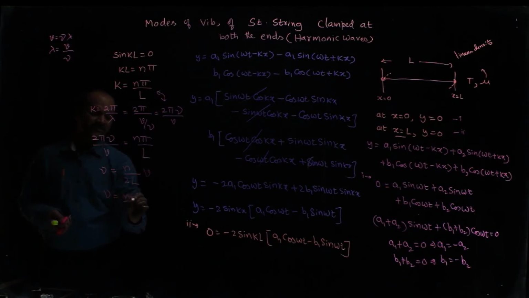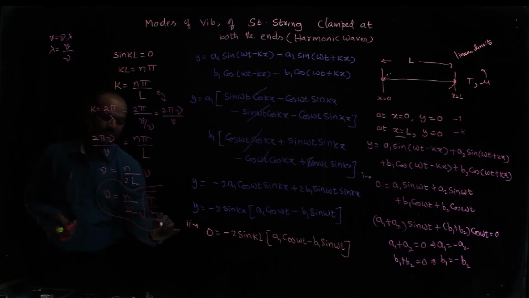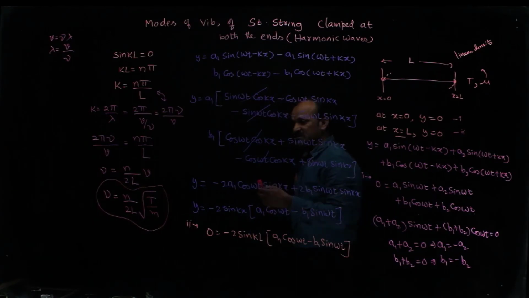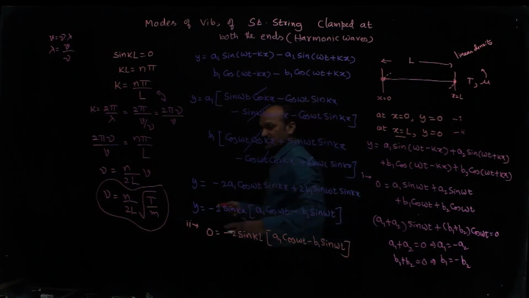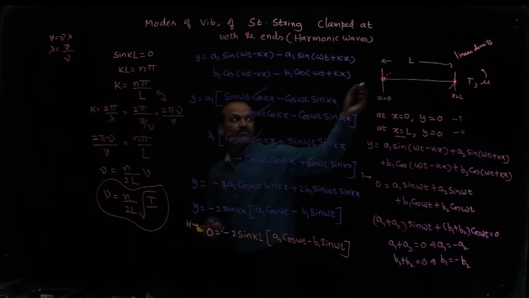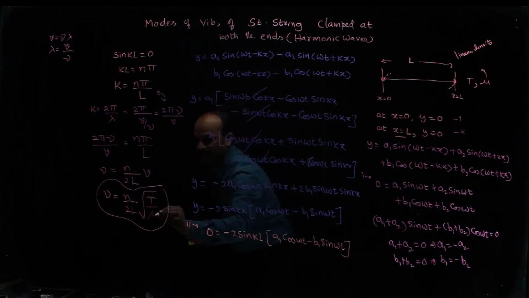The transverse wave velocity along a stretched string is root T by mu. So here we got the frequency equation in terms of tension T and mu, the linear density.